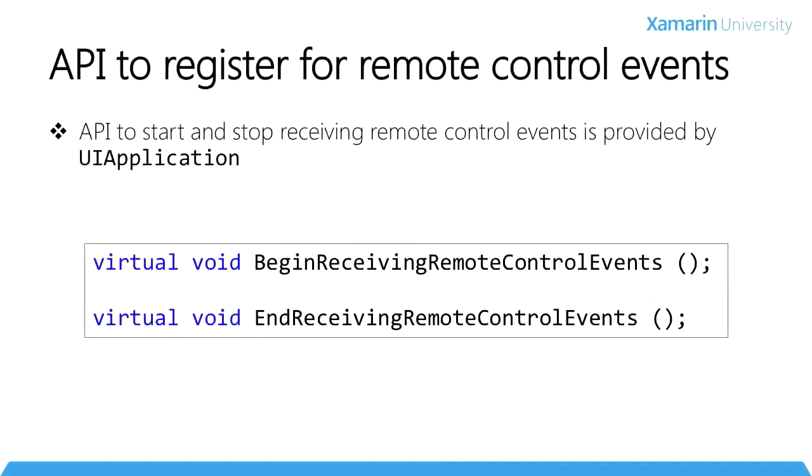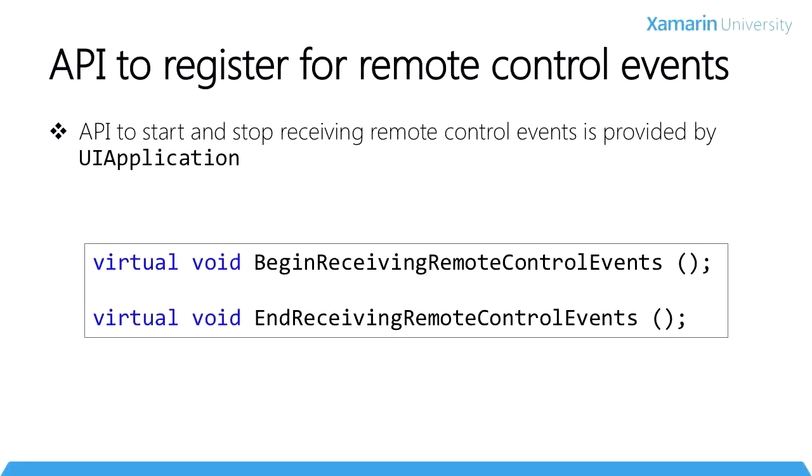To register for remote control events is a two-step process. To make iOS call the method above, the app must also ask to receive events by calling the begin receiving remote control events method on the UI application singleton. If the app has multiple screens or view controllers, it can also be necessary to call end receiving remote control events to stop delivery of the events.